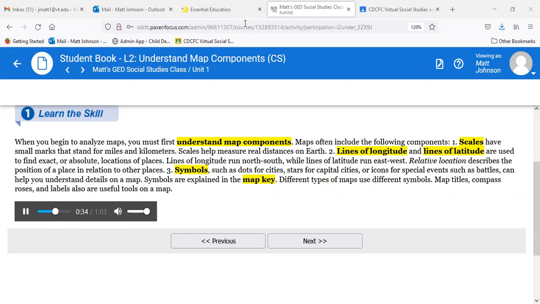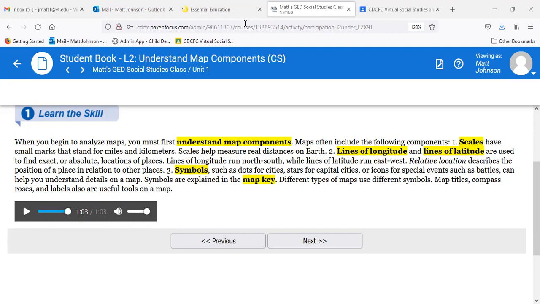Relative location describes the position of a place in relation to other places. 3. Symbols, such as dots for cities, stars for capital cities, or icons for special events such as battles, can help you understand details on a map. Symbols are explained in the map key. Different types of maps use different symbols. Map titles, compass roses, and labels also are useful tools on a map.